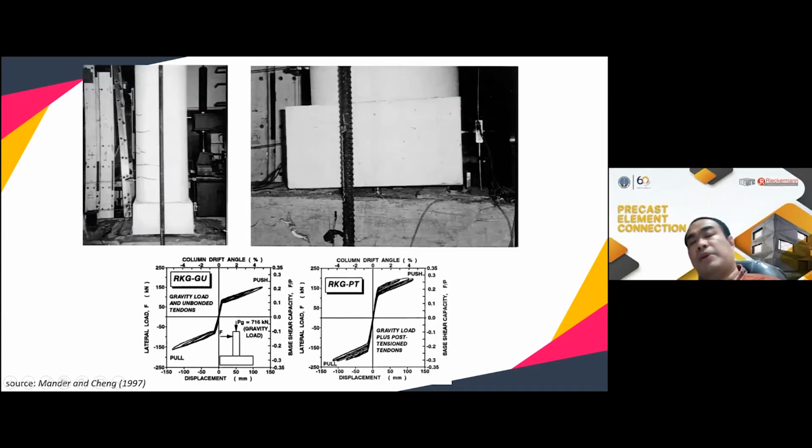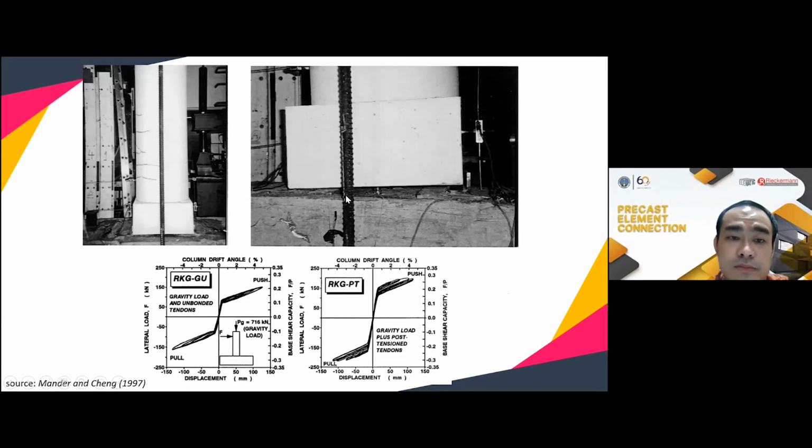Here is the picture of the column that they tested in the laboratory. As we can see, the maximum drift observed is about 4%. The column only suffers some flexural cracks, without any damage at the bottom of the column.